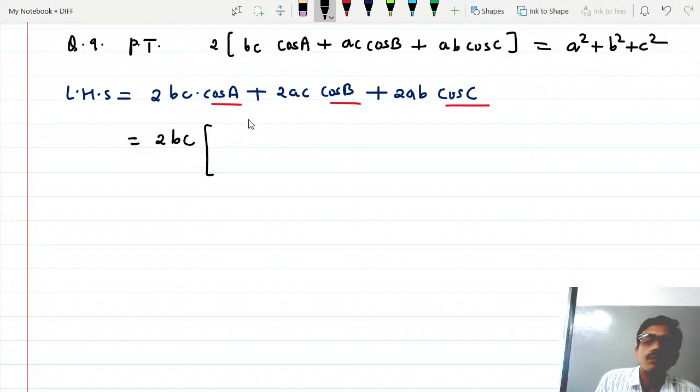By cosine rule, it is equal to (b square plus c square minus a square) upon 2bc.